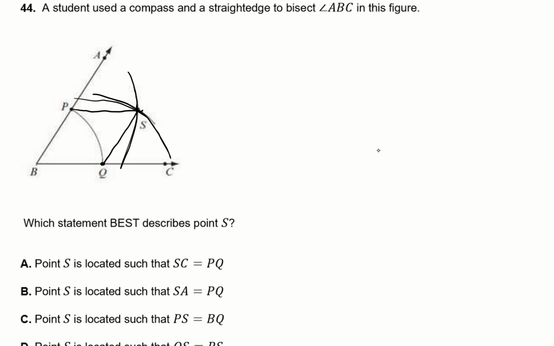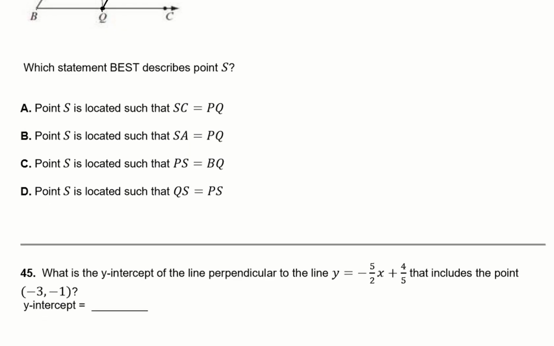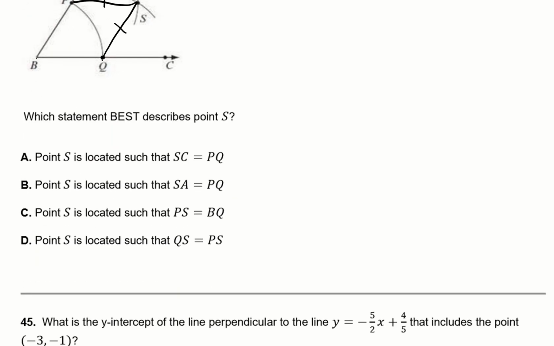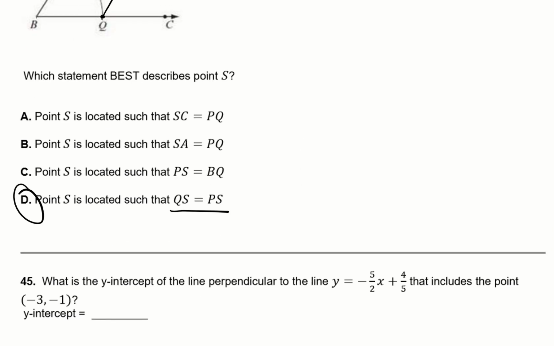So as you keep the setting the same, the circle radius is staying the same. So these distances are supposed to be identical. So PS is equal to QS. So the statement that best describes point S is that the distance from S to Q is the same as the distance from P to S.